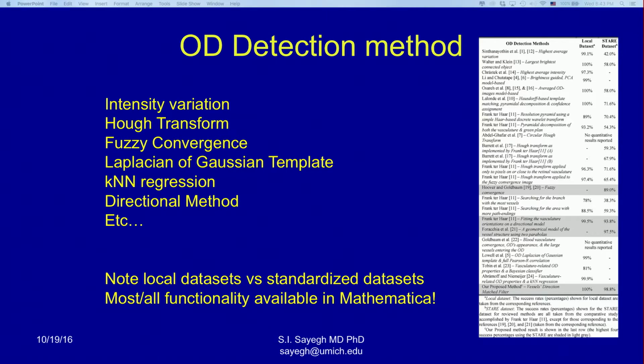My main point from the slide is that, first of all, there are some standardized data sets on which you can try your own algorithm if you come up with something. And the other one is that most of this functionality that everybody is doing, different implementation, whatever language they're using, is really available in Mathematica. So you can house this whole structure in a Mathematica framework.